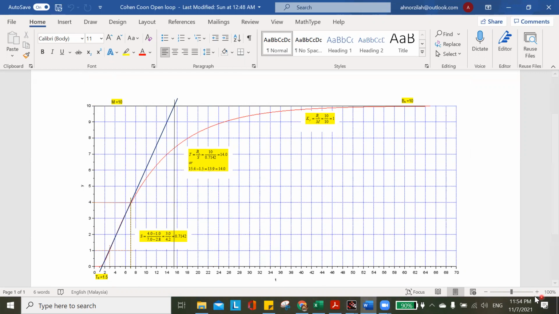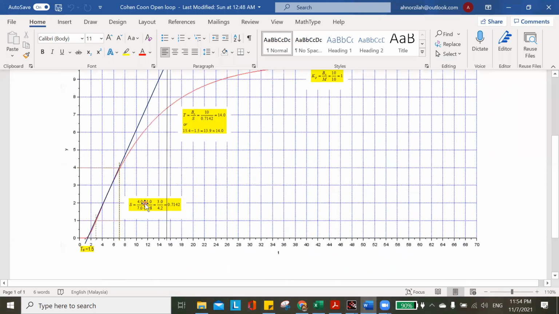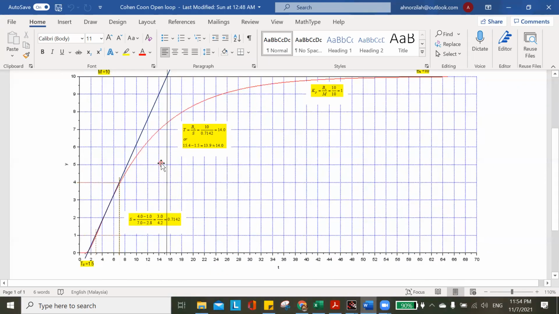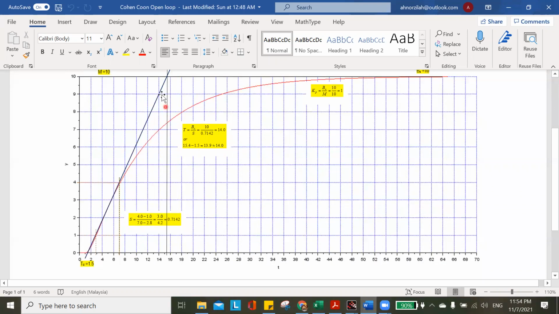The first thing is you have to draw one tangent line at the almost linear part of the reaction curve. This is the reaction curve, and the almost linear part is here. So I draw one tangent line that touches the almost linear part here.